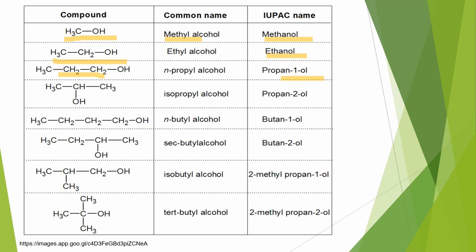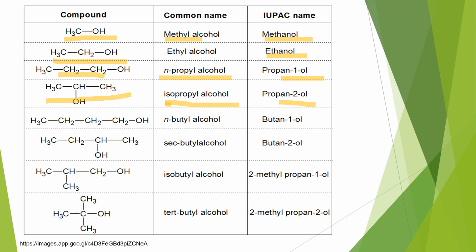Here you can see there is a slight change. We call this n-propanol or n-propyl alcohol, and with the same number of carbons, this is isopropanol. So propane-1-ol is n-propyl alcohol, whereas propane-2-ol is isopropyl alcohol. n represents a straight chain, whereas iso represents a branched chain.